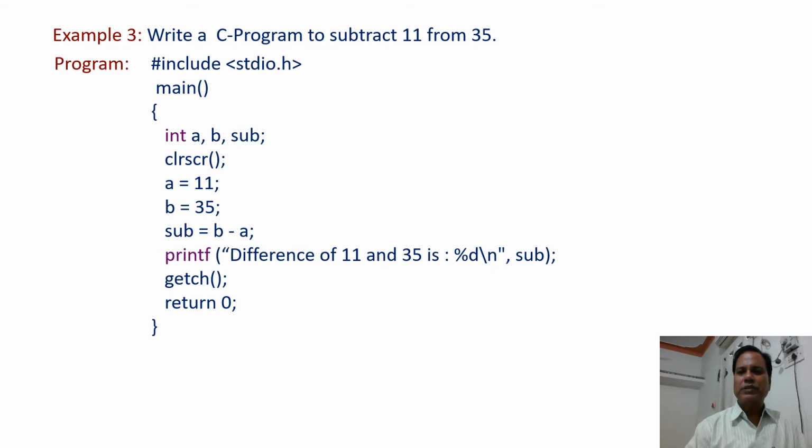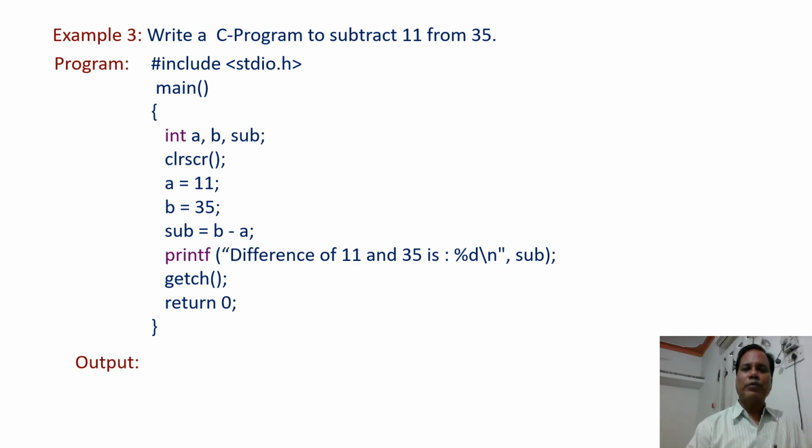So whenever this control string comes, the compiler searches for the variable name, and this variable name is sub. The difference of both the numbers is printed at this point. And again the next statement is just to bring the output screen in front of you, and the last statement return 0 indicates that everything is okay. And this close brace indicates the end of the code.